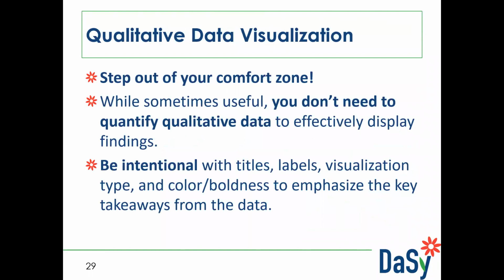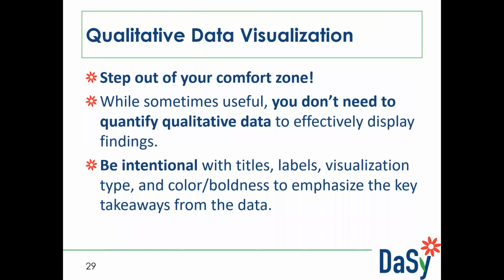I'm going to share a few examples of qualitative data visualization, and these may get you outside of your comfort zone a little bit. So with data visualization, we often go to our standby favorites, like bar charts, pie charts, etc. And qualitative data actually opens up a ton of new ways to share your data creatively and effectively.